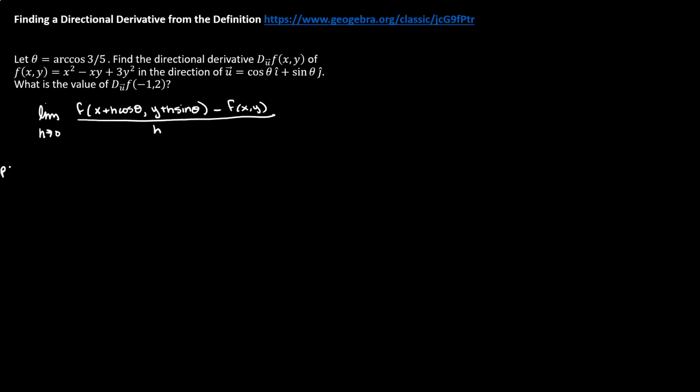You can refer to page 424 and see how to find that f at (x plus h cosine theta, y plus h sine theta) is in fact equal to x squared minus xy plus 3y squared plus 2xh over 5 plus 9h squared over 5 plus 21yh over 5.